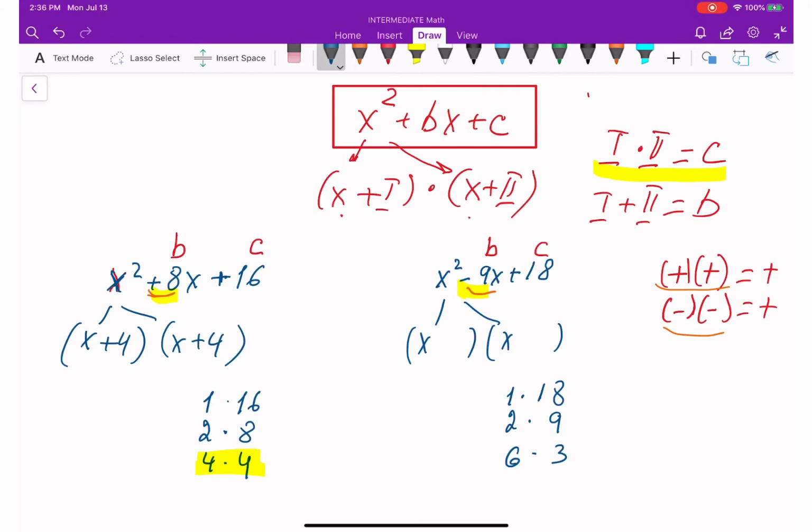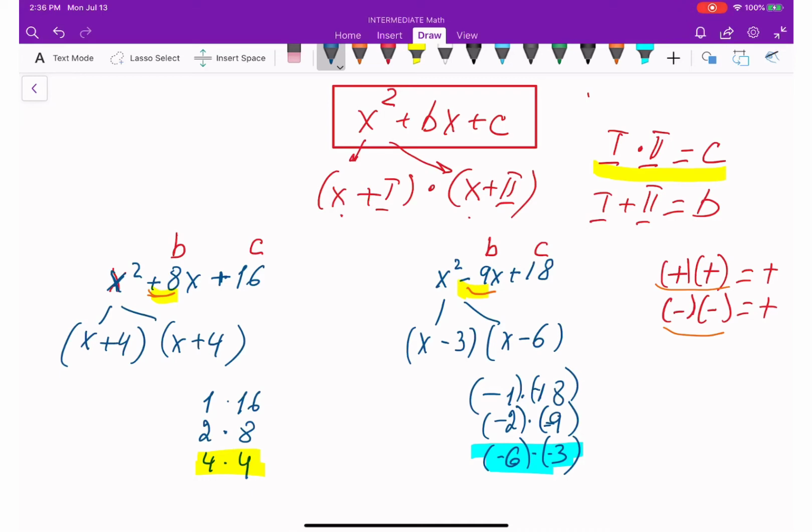None of them as they are, so I'm adding negative signs everywhere. Forgive me, I forgot. So the answer is, obviously, negative 6 and negative 3. Okay, going back, writing down negative 3 and negative 6.